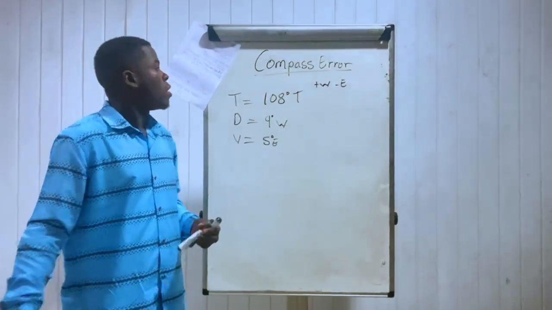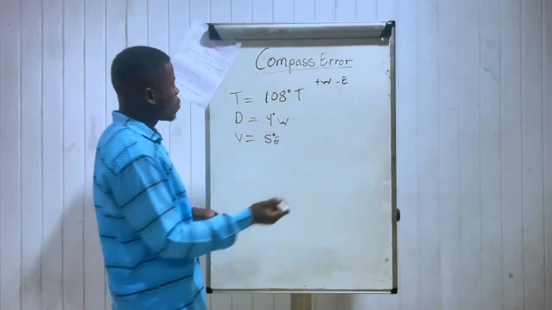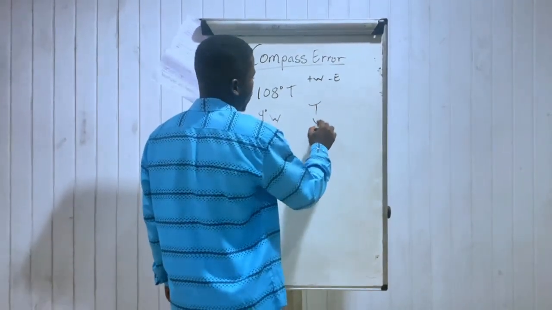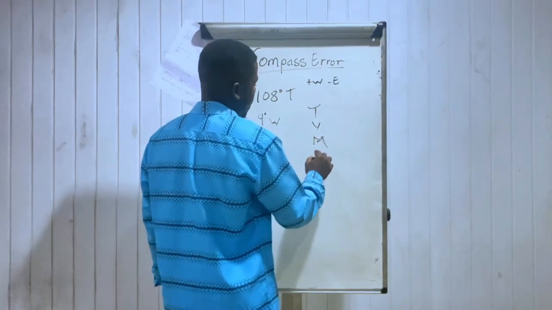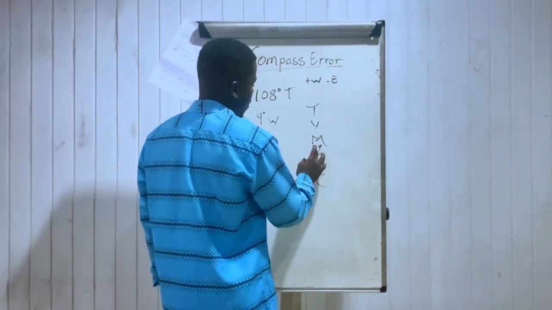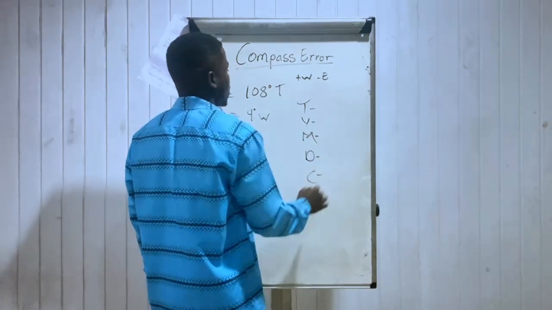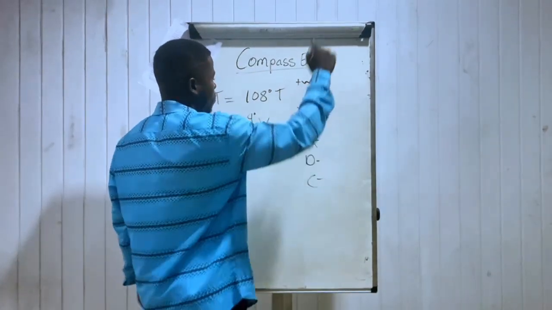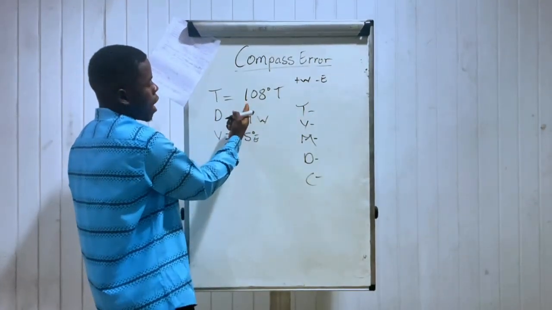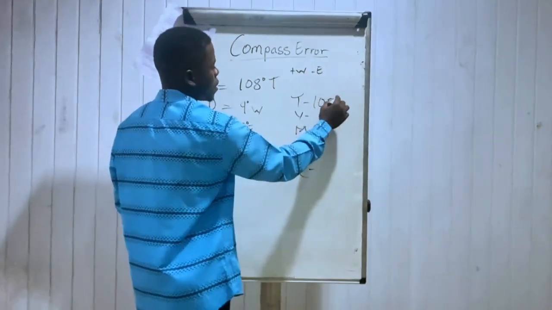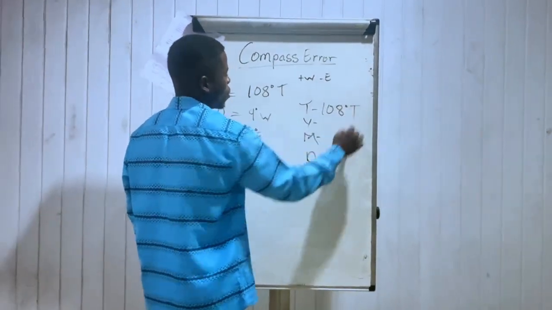All right, so let's go by our acronym. So we have T, V, M, D, and C. Now our true is 108 degrees true.